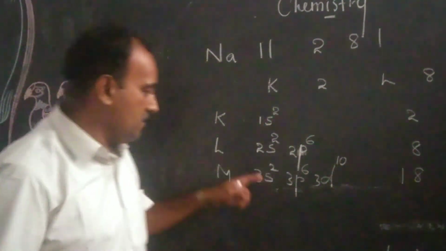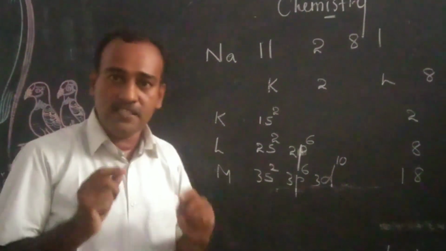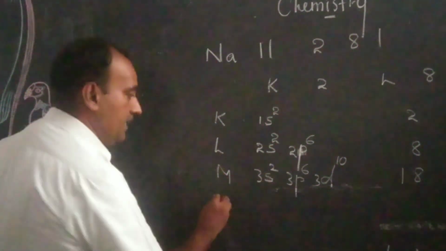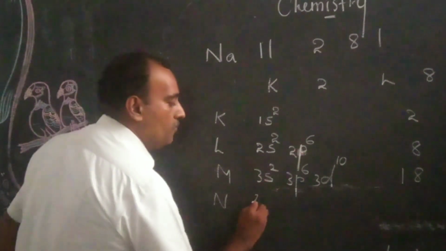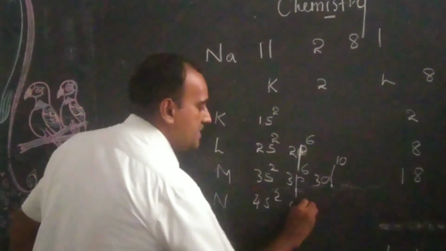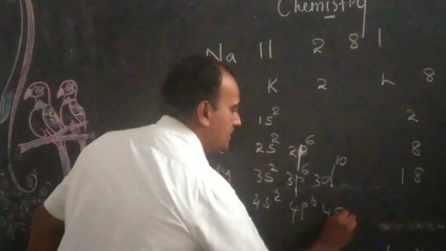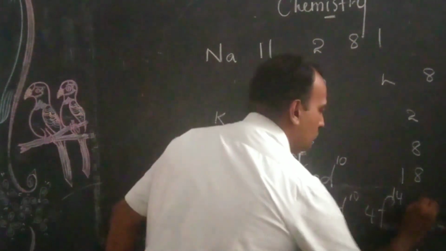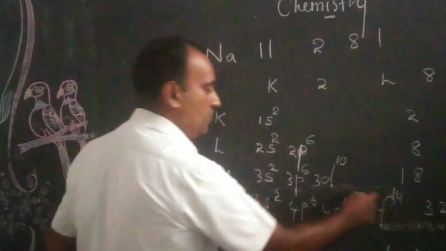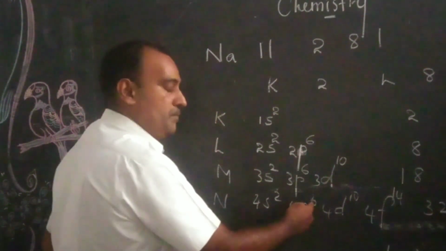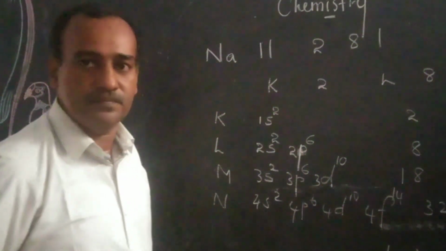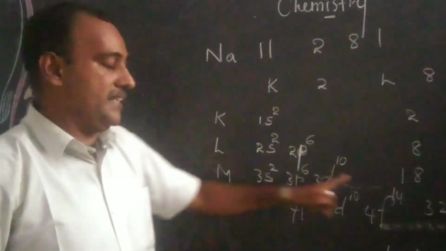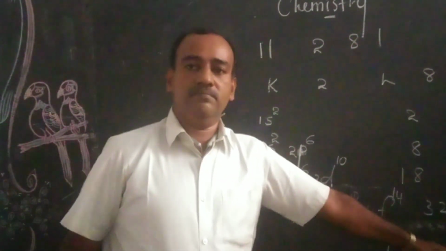Similarly, the N shell can accommodate 4s2, 4p6, 4d10, 4f14, totally 32 electrons: 14 plus 10, 24, plus 6, 30, plus 2, 32. So the N shell can accommodate 32 electrons.